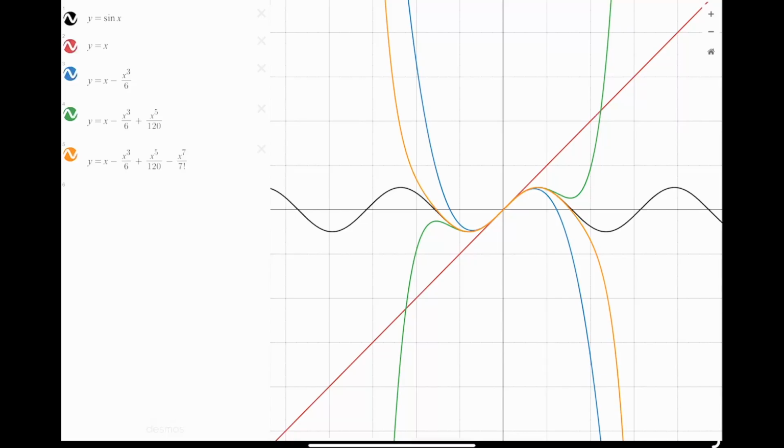But if I can write a polynomial that approximates sine of x really well, then I can plug a number into that polynomial and get an approximation for sine of x. This is very similar to us using the first 5 terms to approximate our infinite series. It's not exactly correct, but it's within some margin of error that we can deem acceptable.